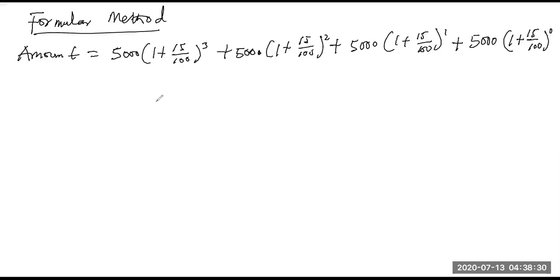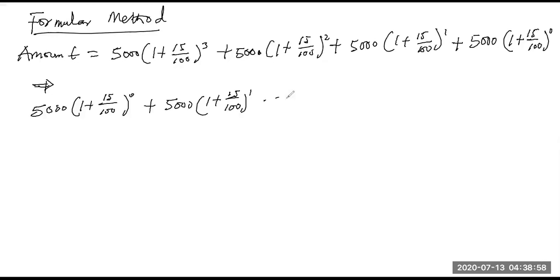If we arrange in ascending order from the least, which is this raised to the power 0, we can have it as 5,000 into 1 plus 15 over 100 raised to the power 0, plus 5,000 into 1 plus 15 over 100 raised to the power 1, and of course the last one, which is 5,000 into 1 plus 15 over 100 raised to the power 3, which is the highest one.